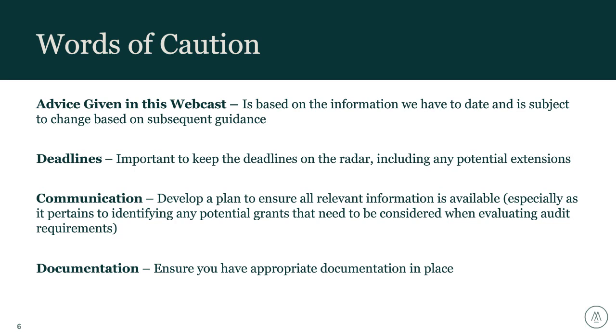So make sure there's a plan in place and communication lines are open across all departments, so that all information is available, whether it's for the reporting or for evaluating the audit requirements. And then the documentation.